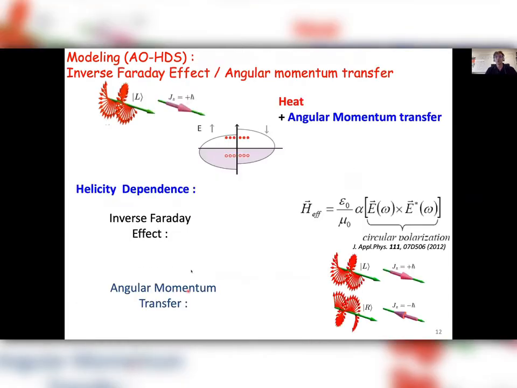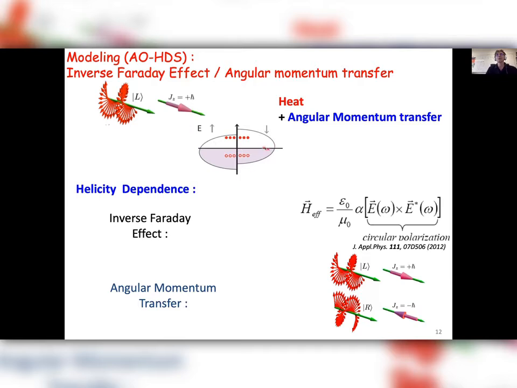Another possibility was to use the inverse Faraday effect, which is basically close to an angular momentum transfer from the light to your material. What has been observed is that the amount of angular momentum given by the light to the material is quite small compared to the net magnetization of the material.